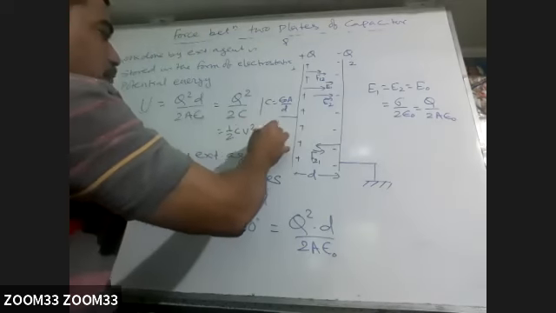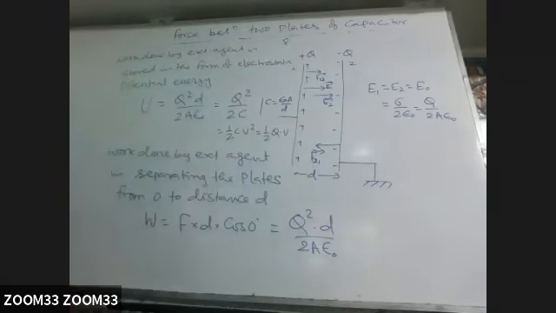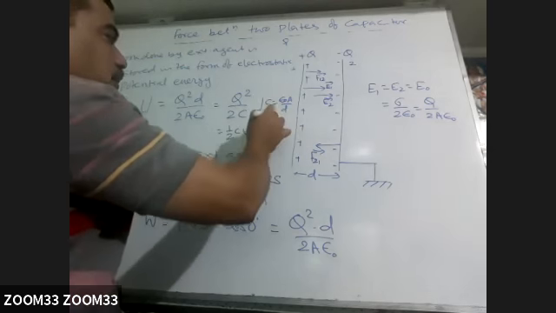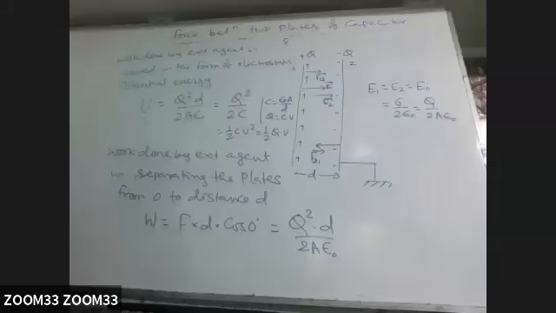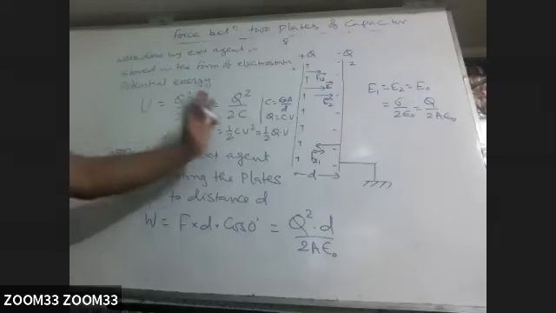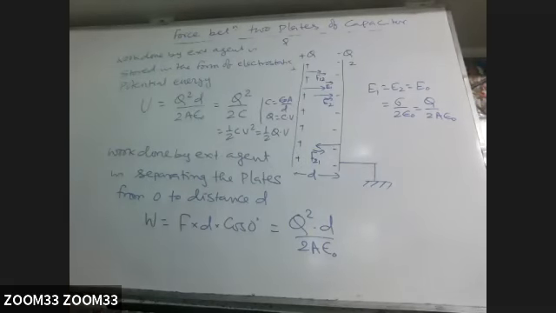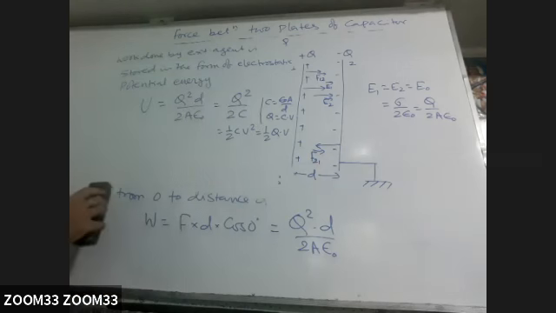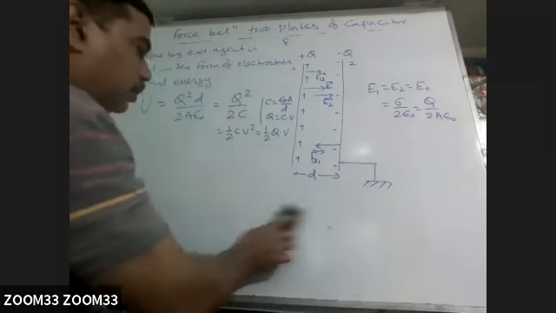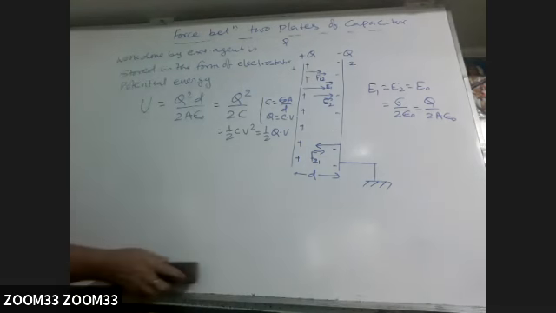It can be half QV, because Q is C into V, and C is Q by V. So this is the electrostatic energy stored in the capacitor. This is one way by which we can derive this expression. Some other way also we have to know.